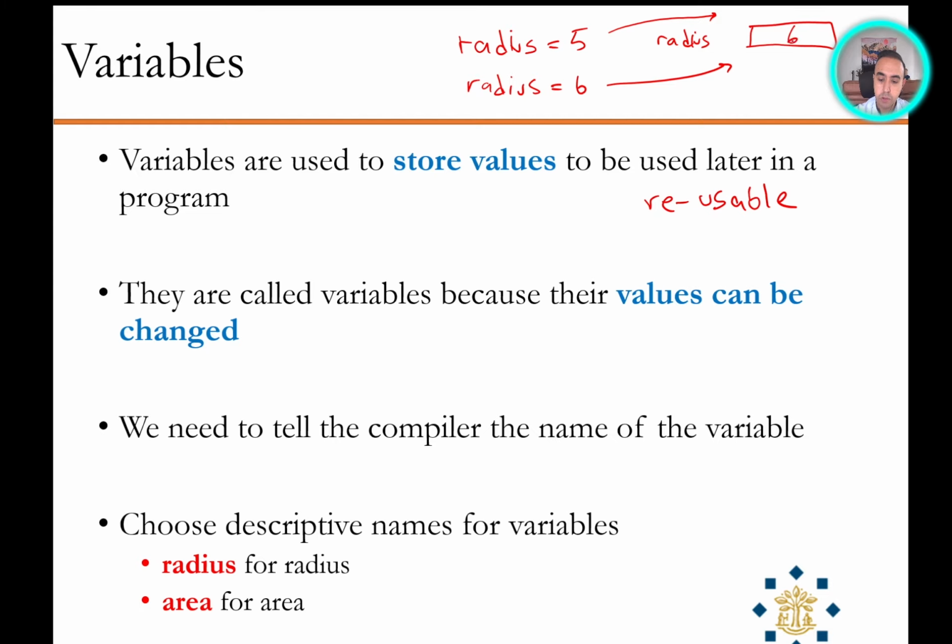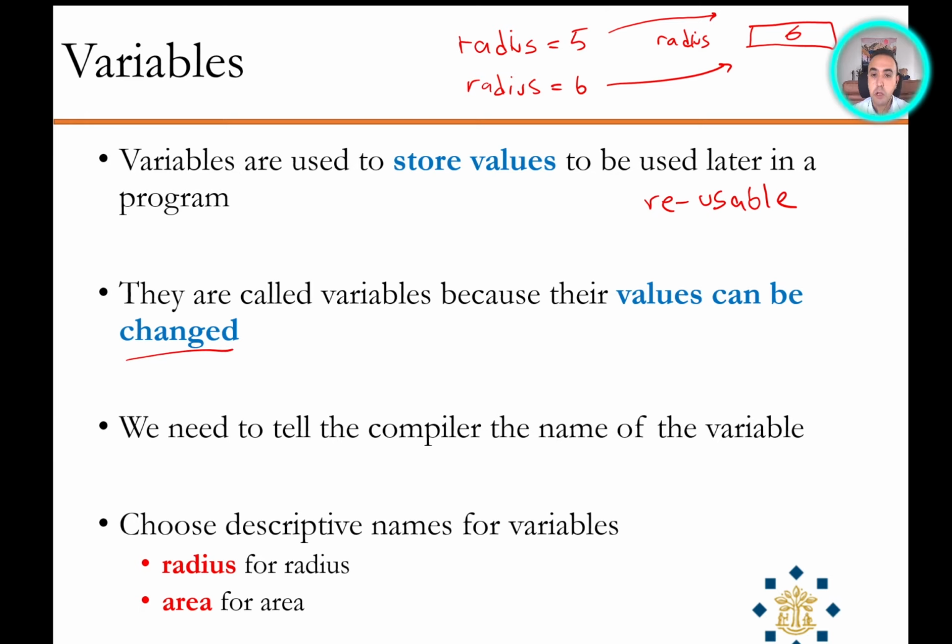So we don't create a new variable in another place and then set it to 6. We don't do that. What we do is we just rewrite what we have. It used to be 5, and then we rewrite it, make it 6. So their values can be changed.